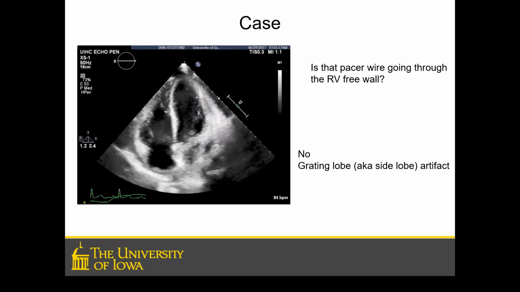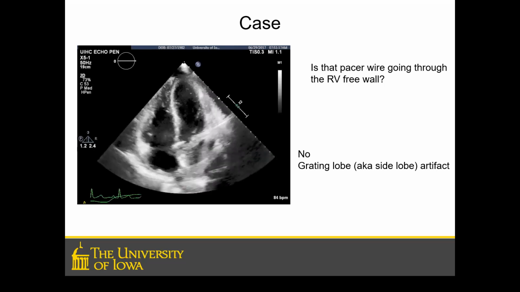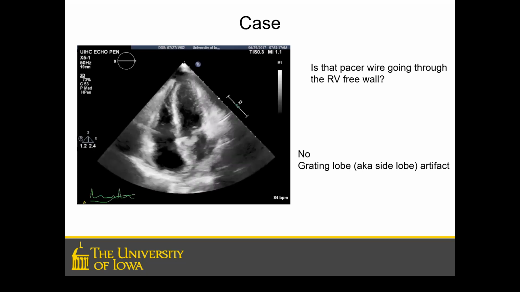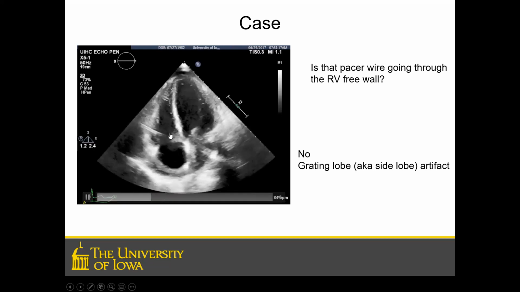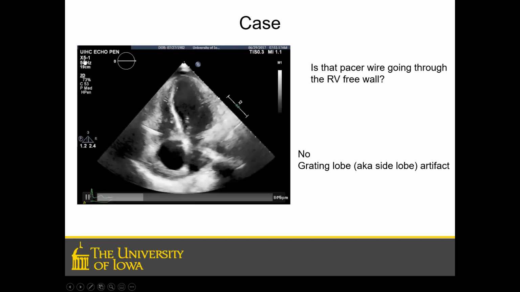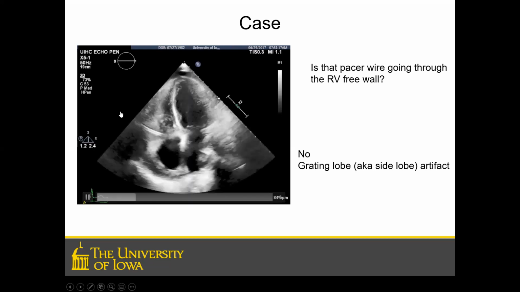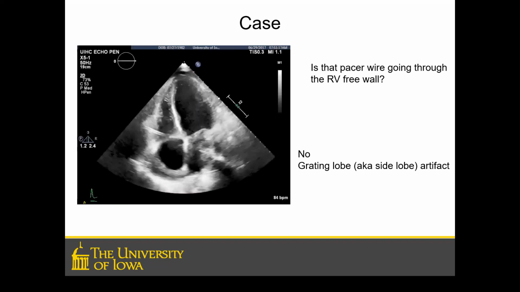Grating lobes are, again, ultrasound energy outside of the primary beam, but they specifically occur in array transducers because of the multiple crystals that are lined up together to make an array. So in our 2D imaging, where we're always using an array, in this case we're using a matrix 5.1 megahertz, those are probably grating lobes. Which actually makes me think of one thing I want to talk about here real quick.